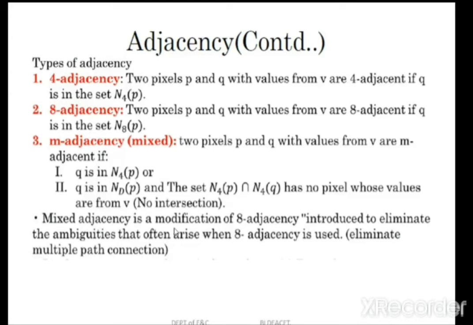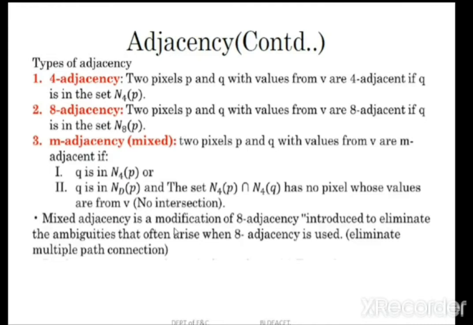The 2 pixels P and Q are said to be M adjacent if Q is in N4 of P. If Q is in N4 of P, you need not worry. But if Q is not in N4 of P, if it is in ND of P, you are required to test the condition of intersection between N4 of P and N4 of Q. The condition is that the intersection should not contain any values.